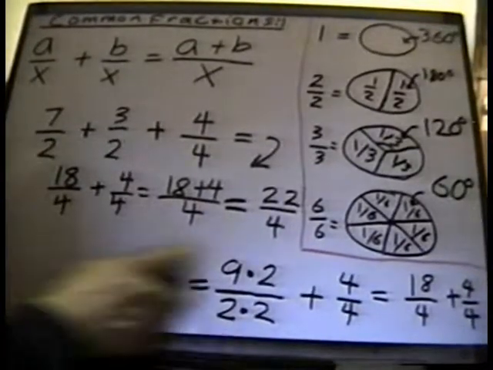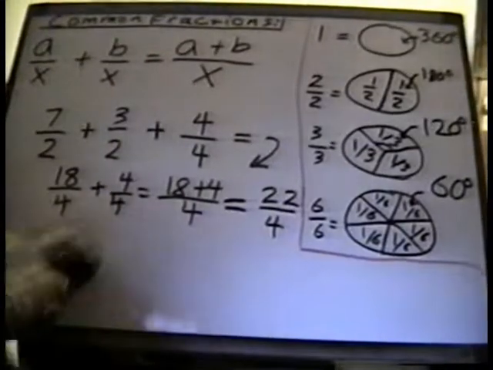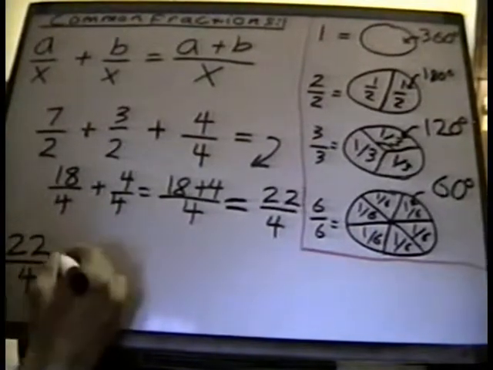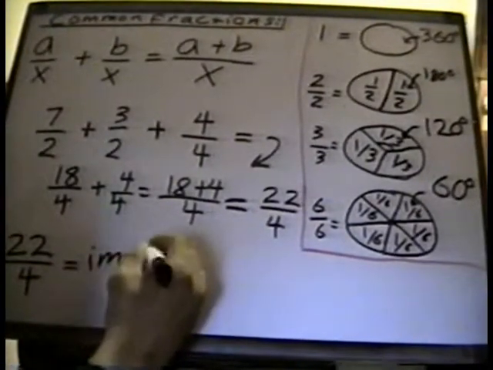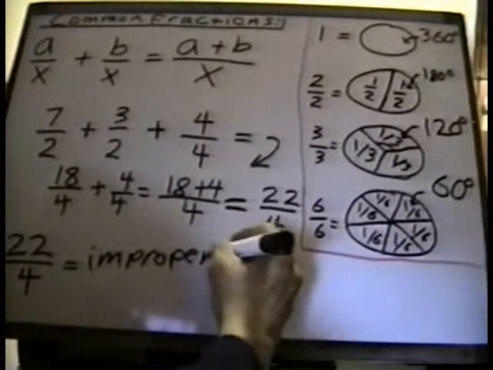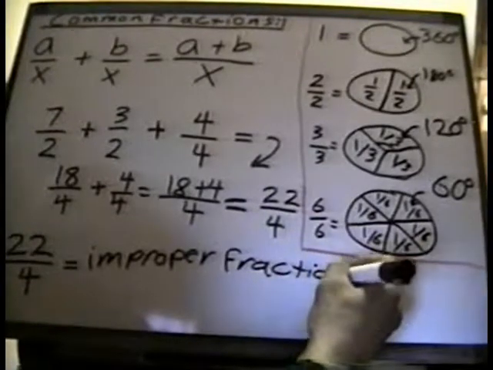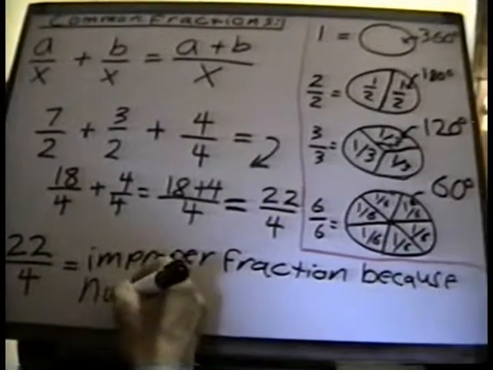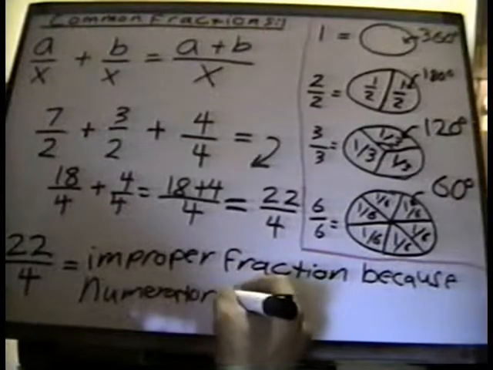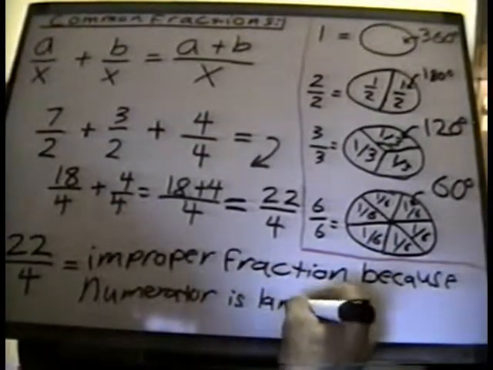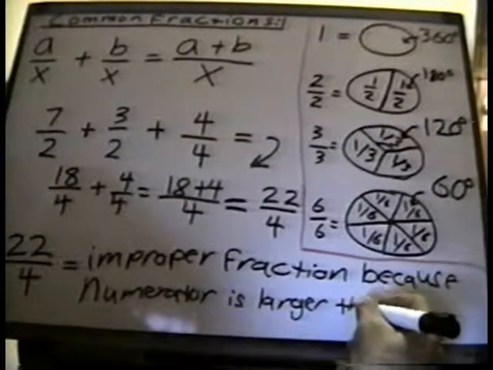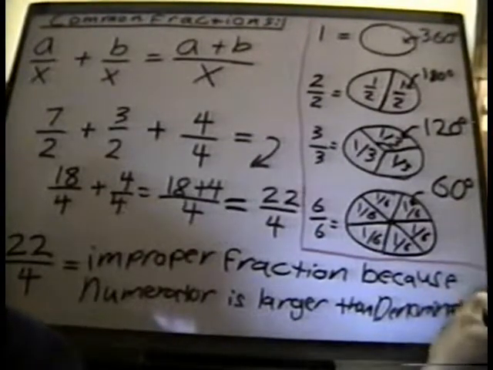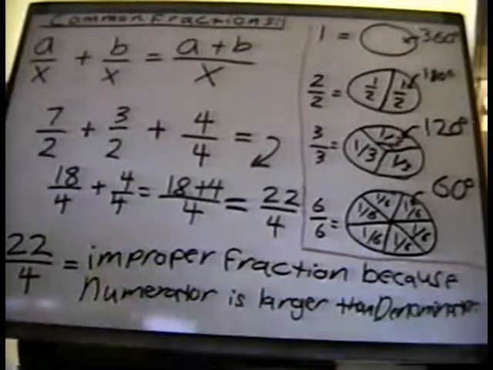And what kind of fraction is that? 22 fourths is an improper fraction, because the numerator is larger than the denominator. Okay? 22 over 4 is an improper fraction.